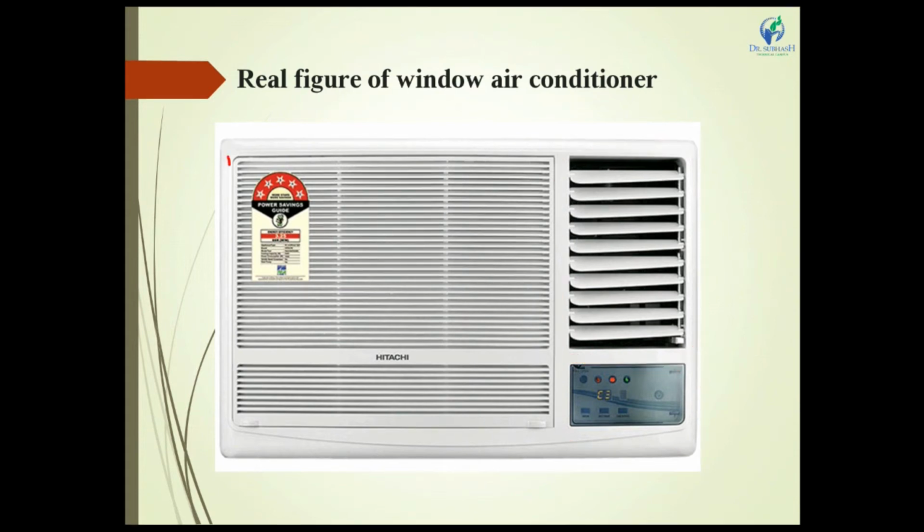This portion is the suction side, where room air is sucked in and passes over the evaporator. The evaporator absorbs heat, and this heat is rejected to the condenser. This is the actual figure of the window air conditioning system.